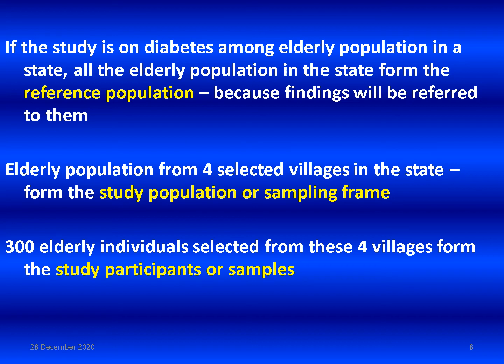Samples will be selected from these 4 villages. How many samples are selected? 300 elderly individuals selected from these 4 villages form the study participants or samples. Is it clear? Reference population, study population otherwise known as sampling frame, and then from that, samples or study participants are selected.